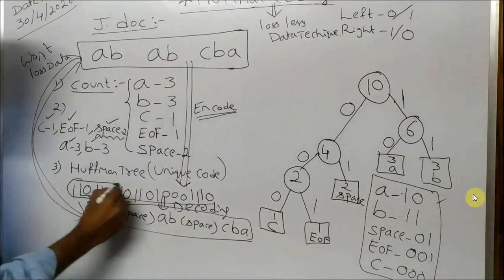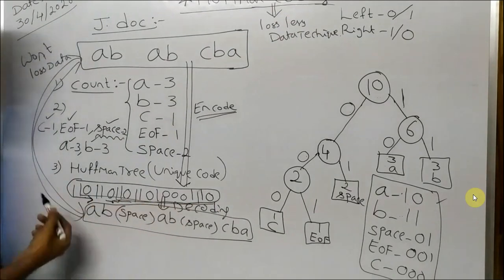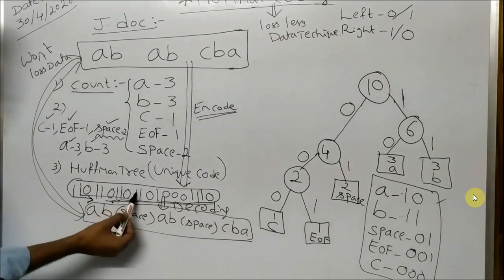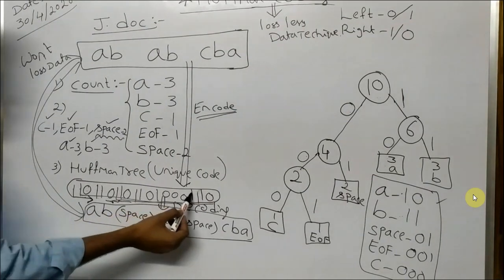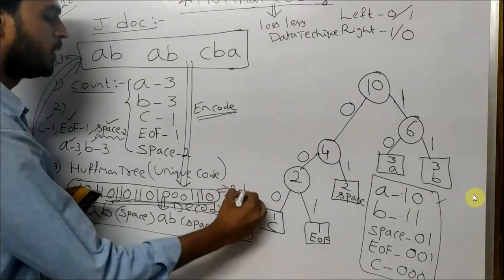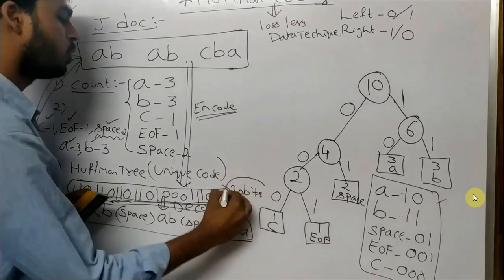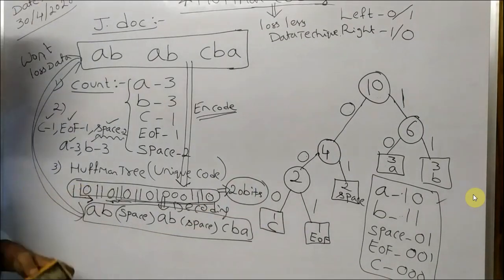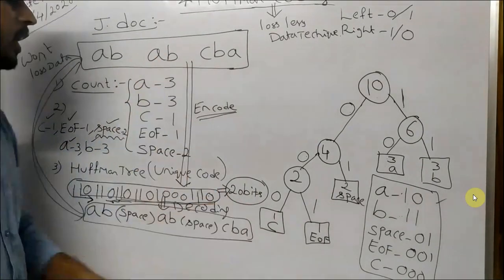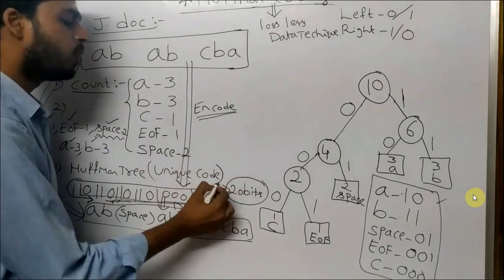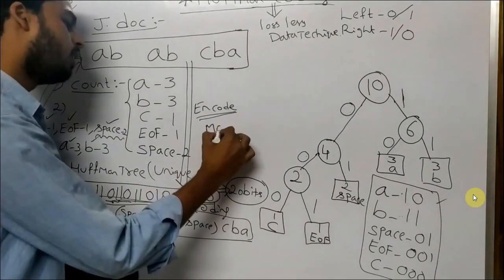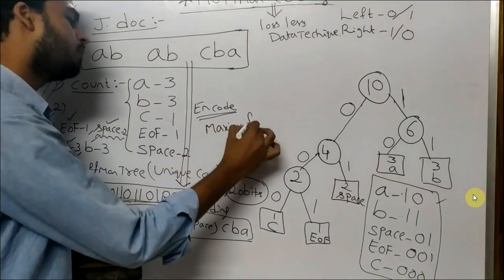Just count all these characters. 1, 2, 3, 4, 5, 6, 7, 8, 9, 10, 11, 12, 13, 14, 15, 16, 17, 18, 19, 20. So we require 20 bits of memory space, meaning that if you want to store this file in our system, we require a maximum of 20 bits. So I will call it the maximum file size.